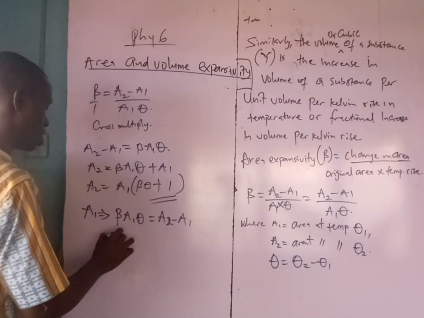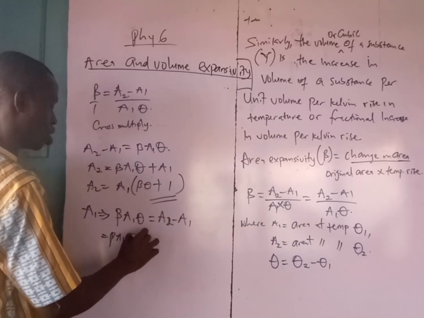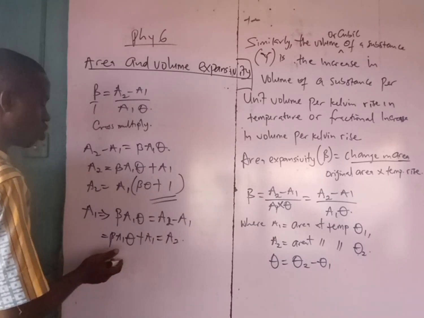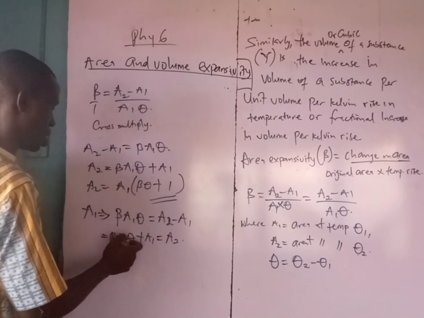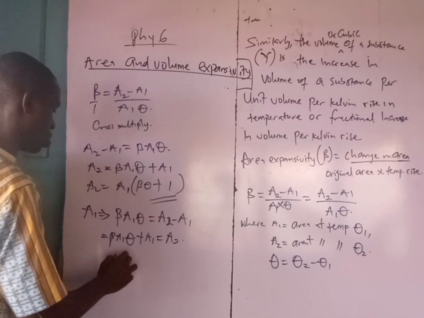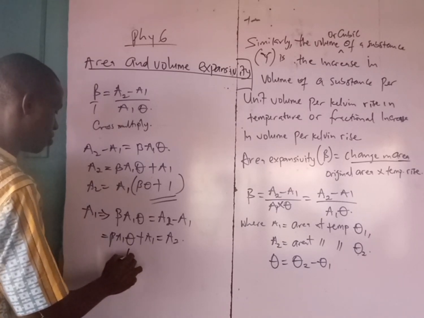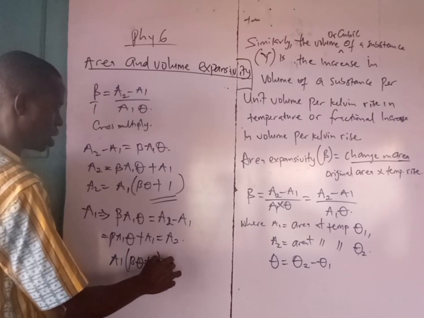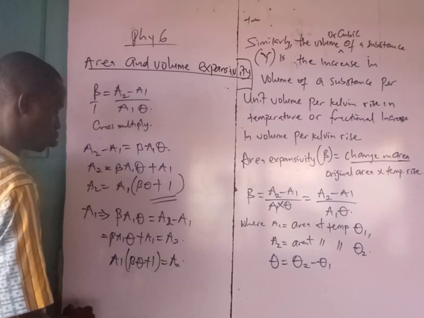We have beta A1 theta plus A1 equal to A2. Factorize as we did here, A1 is common, so you have A1 times beta theta plus 1 equal to A2.